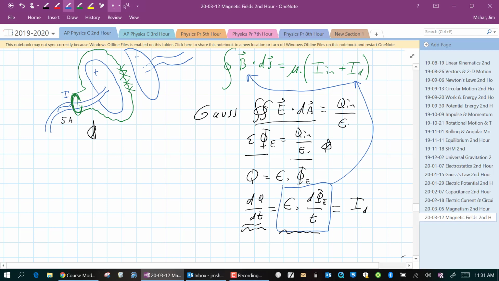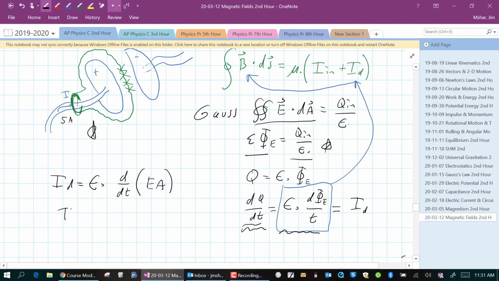For a capacitor, we say the displacement current is equal to epsilon naught, and then the time derivative of the electric flux, which is E times A. But for a capacitor, area is fixed. It's a plate, okay? It doesn't change.